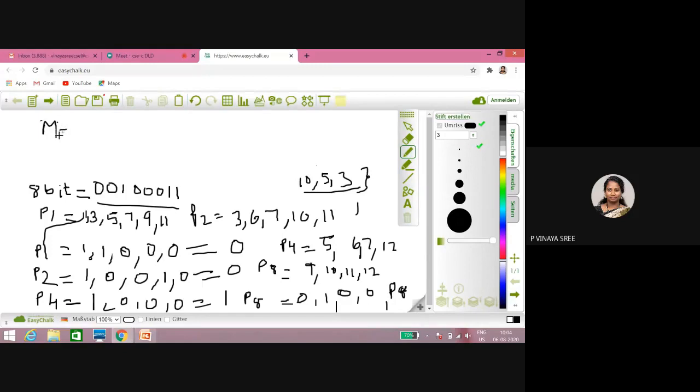Final message, including the parity, what will the transmitter send? 0010100100111100.